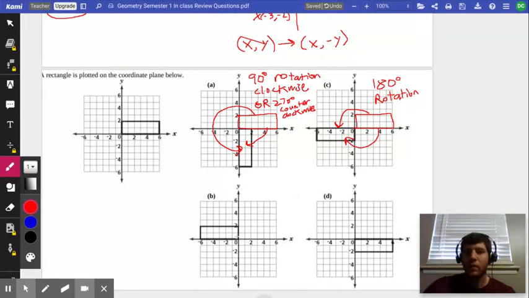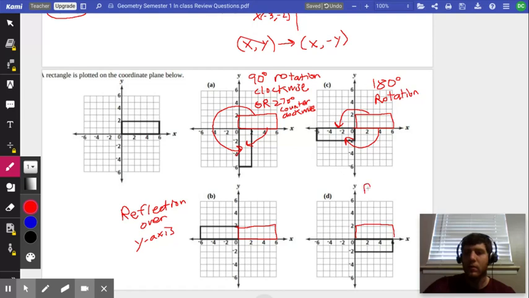Okay, this one here, this is a reflection over the y-axis, so reflection. And then this one's a reflection over the x-axis.